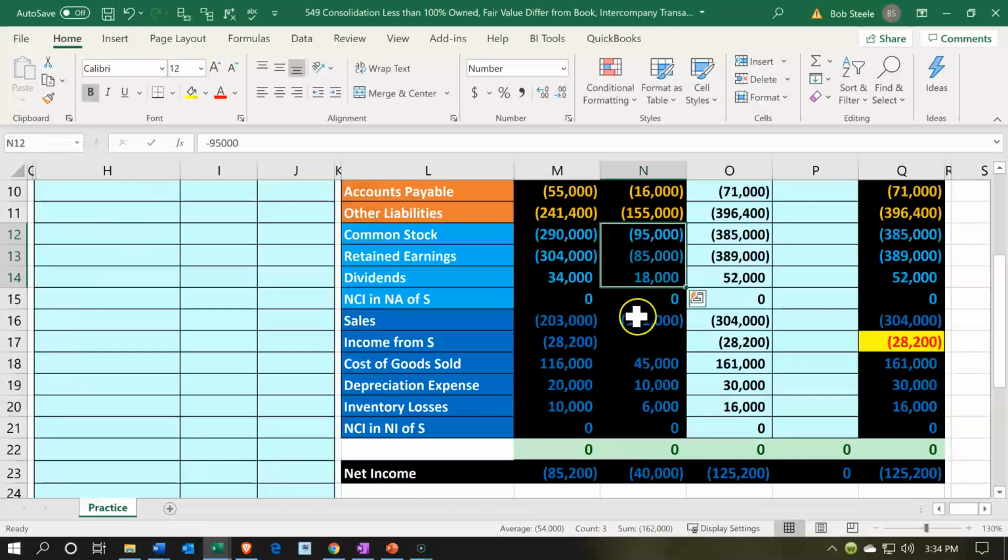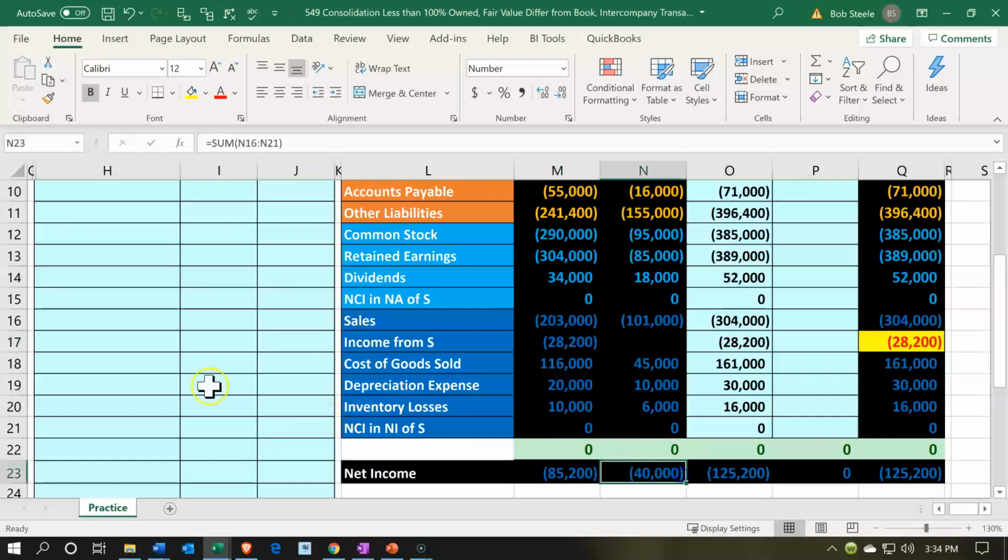Then we're thinking about the equity portion or the net income, basically, which is going to be that 40,400, which is reflected here in the income from S, or at least their portion of it. So I'm going to remove this account. However, it's not going to tie out exactly even our portion of it because of the depreciation.